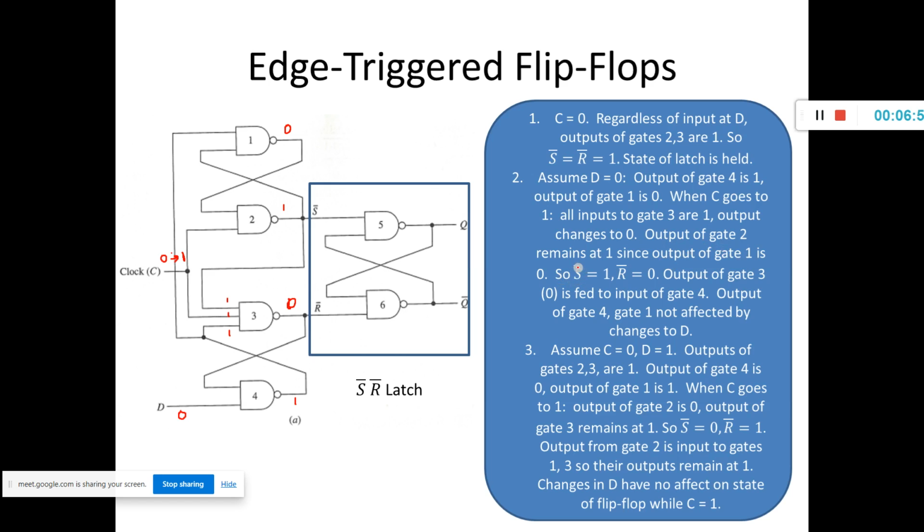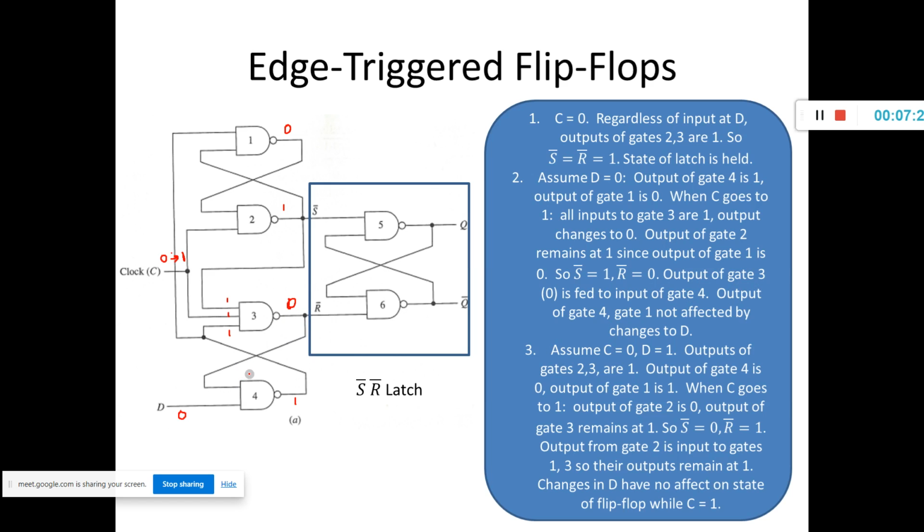So what happens here? S bar is 1, R bar is 0. The output of gate 3, which is 0, is fed as an input to gate 4.